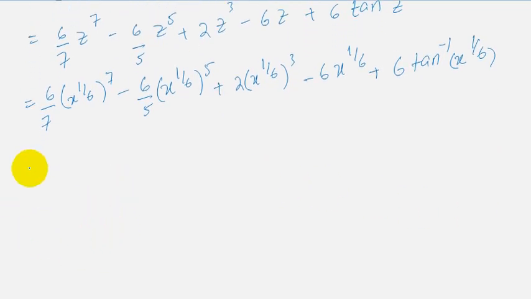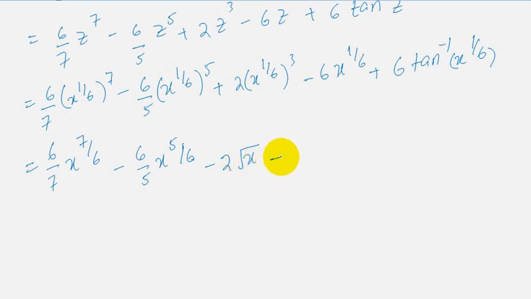In next step, we can write it as 6 upon 7 x raised to power 7 upon 6 minus 6 upon 5 x raised to power 5 upon 6 plus 2 x raised to power 3 upon 6, which is 1 upon 2, that is under root x, minus 6 x raised to power 1 upon 6 plus 6 tan inverse of x raised to power 1 upon 6.